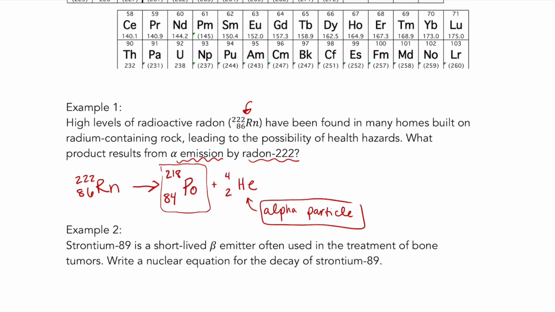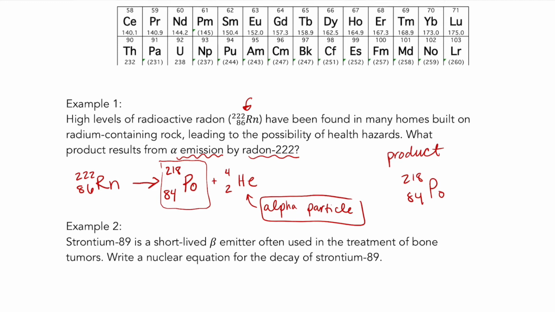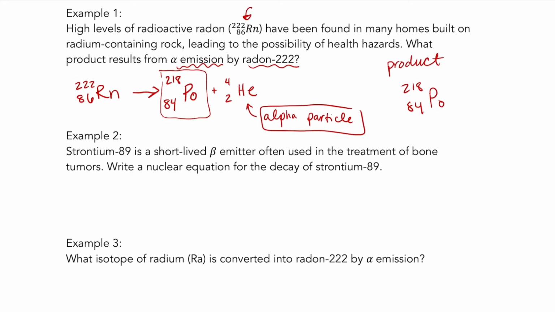So I'm going to put Po as the symbol, and so the product is, if I'm answering the question, I would just write out this reaction, but the product that they're asking for is polonium. Okay, so hopefully that's not too bad. Let's go to the next one.